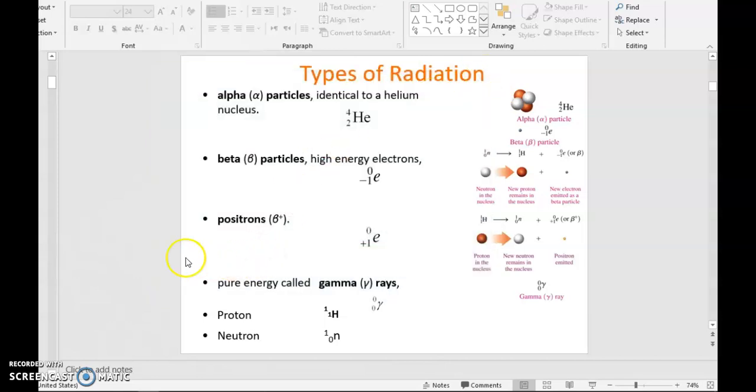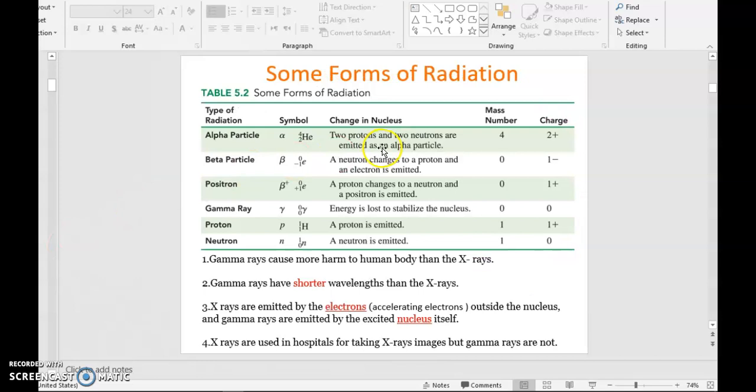It's very important to know these symbols and the name of each one, because at the end of the chapter we will be doing equations and balancing nuclear equations. This table is basically a description of all we were talking about: the symbol, how to write it chemically, what is happening with it in each atom, the mass number of each one, and the charge of each one as well.